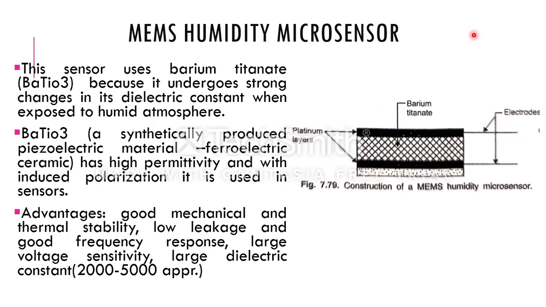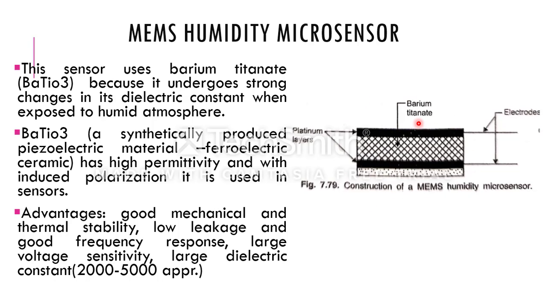Next we will be seeing the MEMS humidity sensor, where the main measurement is humidity. The material which measures the humidity is barium titanate, which undergoes a strong change in dielectric constant when exposed to a humid atmosphere. Whenever there is a change in humidity, this dielectric change takes place, which results in a change in the capacitance.